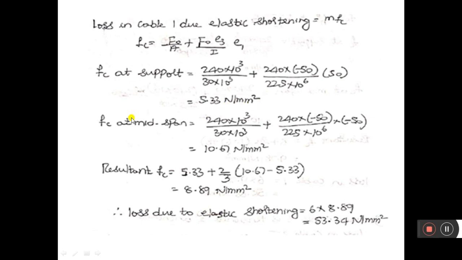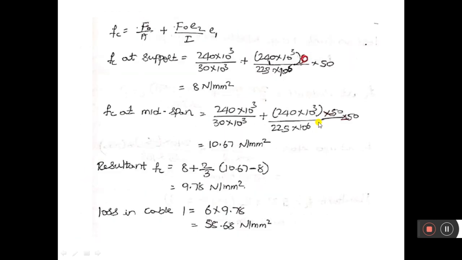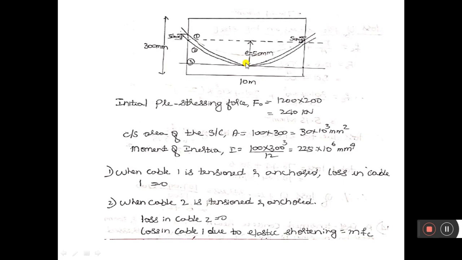Newton per mm square. So compressive stresses in the concrete due to eccentricities at the midspan is equal to F naught by A. Substitute the values. So here E3, that is eccentricity of cable 3 at midspan, is minus 50, and E1, eccentricity of cable 1 at midspan, is minus 50.